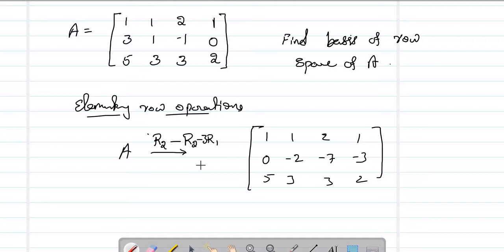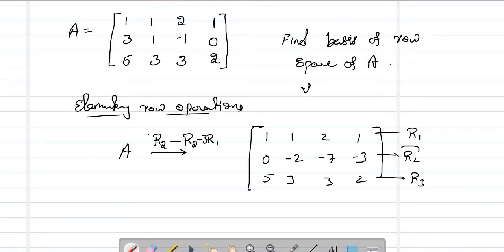So when you do these row operations, the row space remains the same. There will be no change in the row space when you do row operations. Why? Because you are taking the given vectors, let me assume this is the first row, the second row, the third row. So you are given these 3 rows.